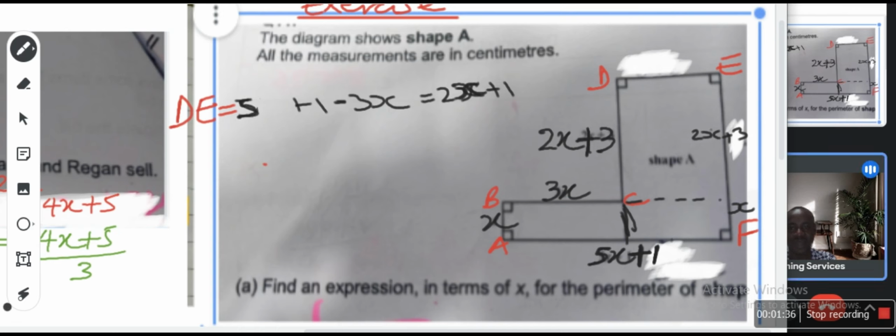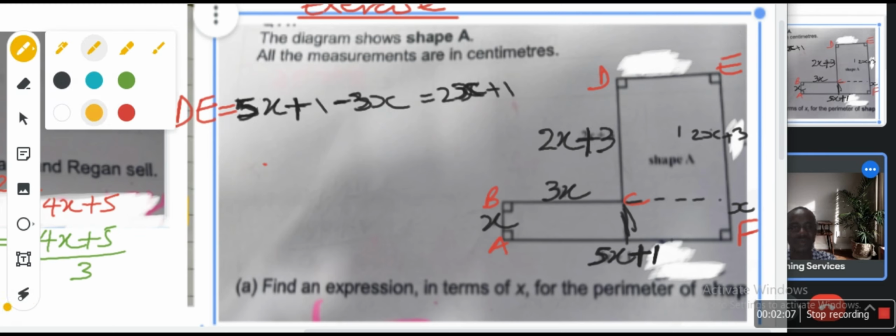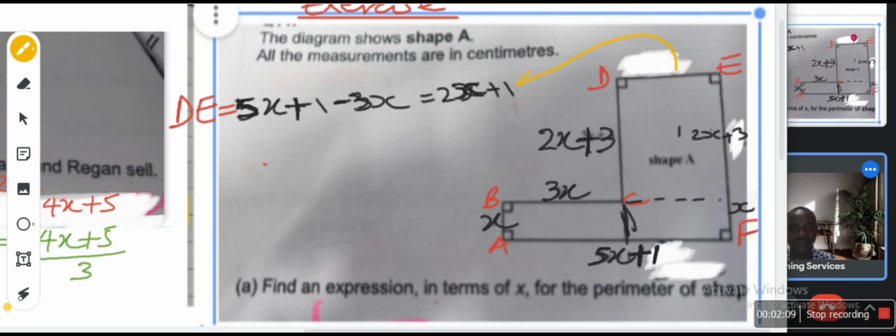5x plus 1, then minus 3x. Interesting. Undo what you wrote there. You made a mark on that D to E. That's fine.